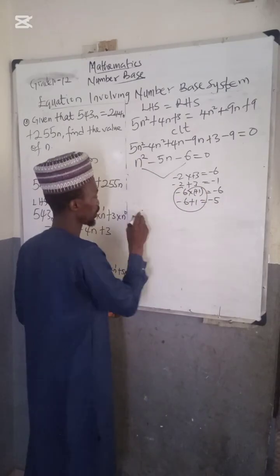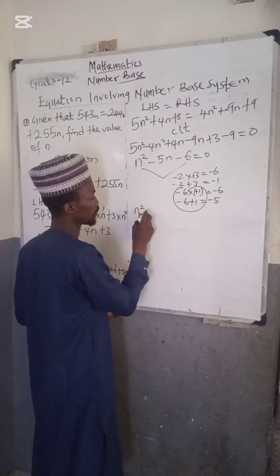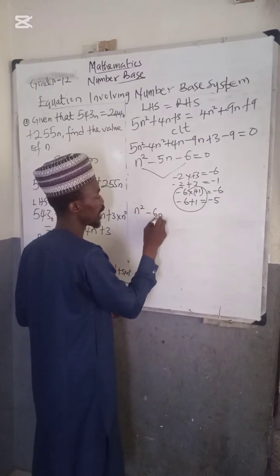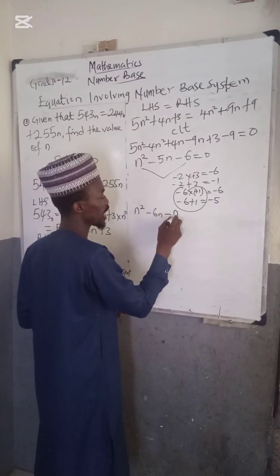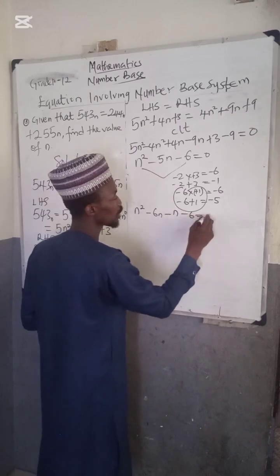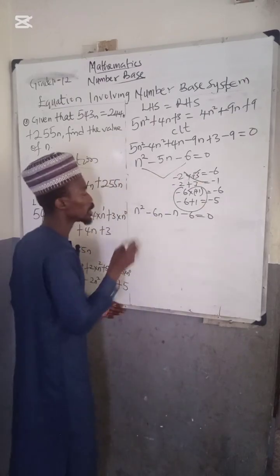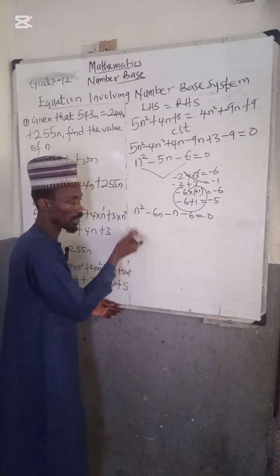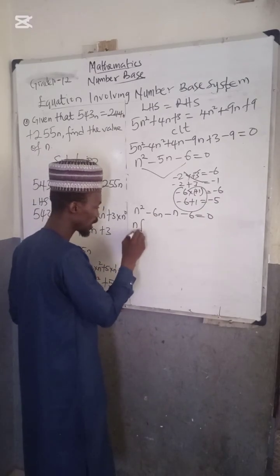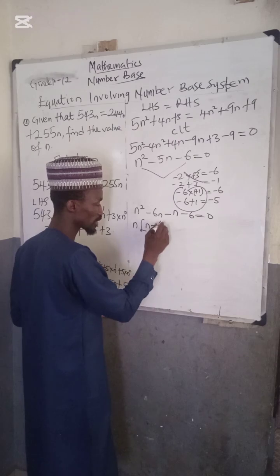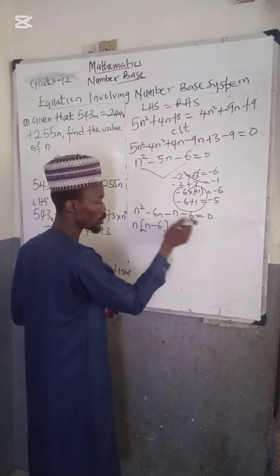Now we have what? N squared minus 6n plus 1n, which is n, minus 6 equals to what? 0. Now bring out the common factor, because we factorize here. N, you have n minus 6. What is common between these two?